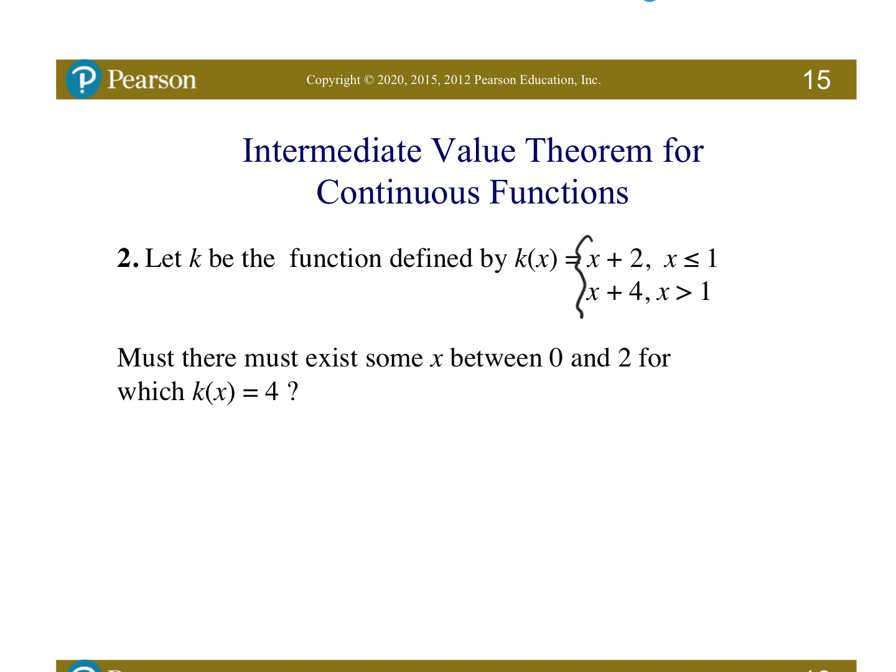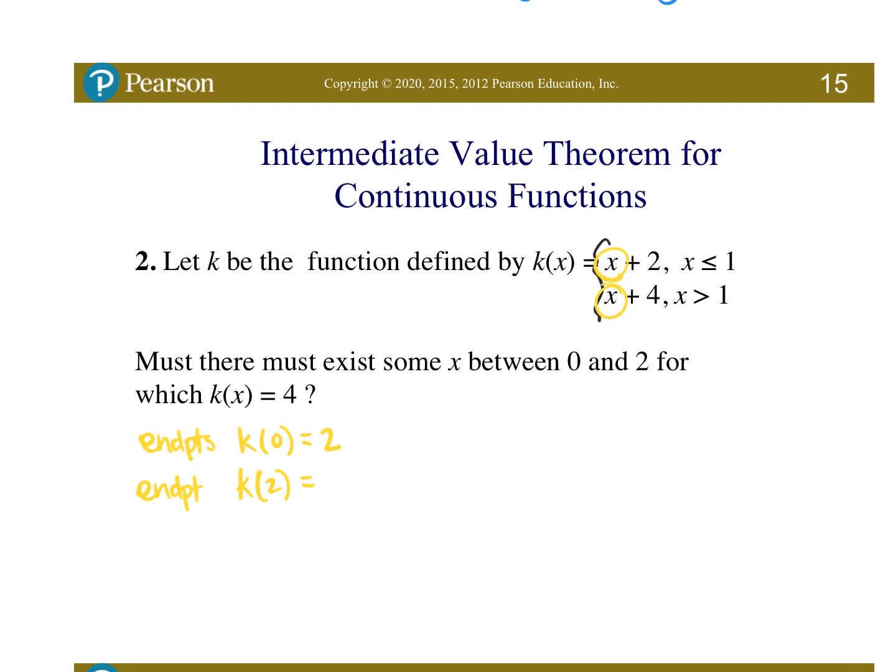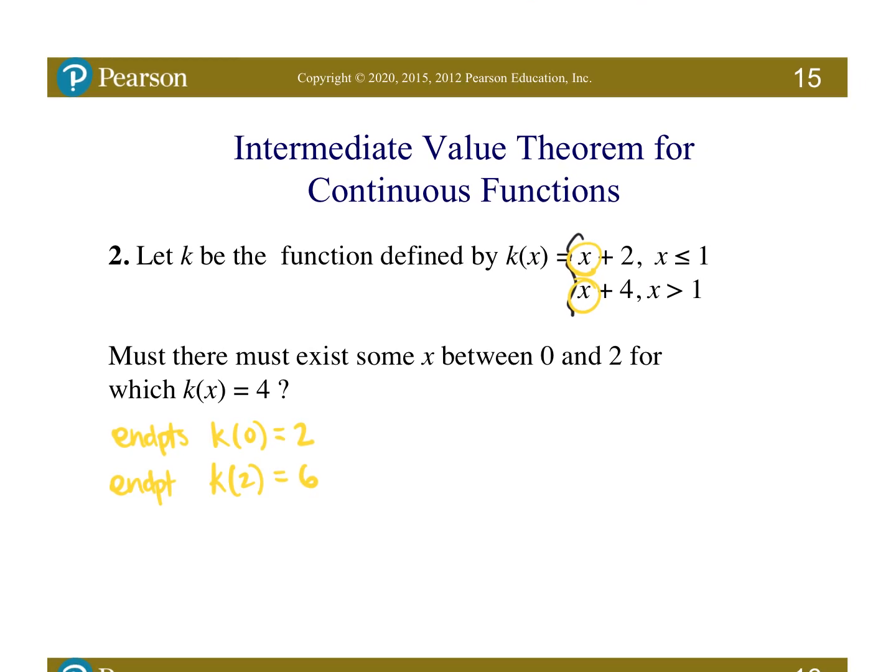Our interval is between 0 and 2, so we look at our endpoints. k of 0, using this equation, equals 2. And k of 2, using this equation, gives me 6. So I've got 2 and 6. Are we guaranteed that the value 4 must exist somewhere?